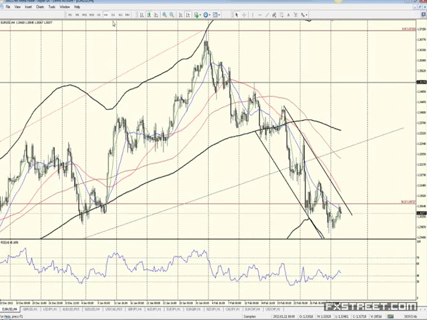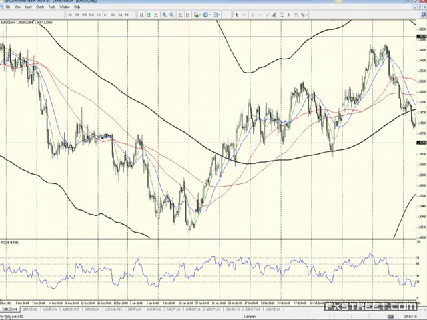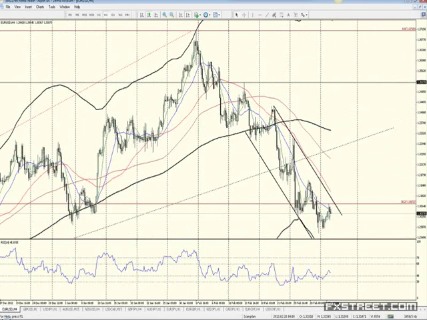And just to backtrack even a little further, here's the daily chart. We broke down a rising trend line that went back to July. So that was the key break, and we have a pretty sharp bearish trend developing since February.